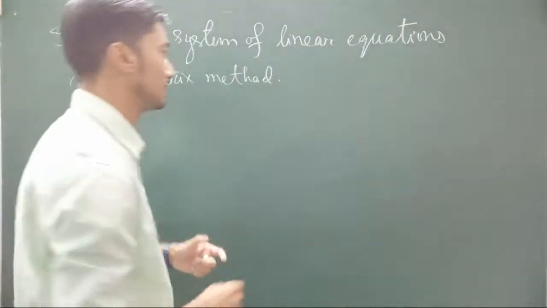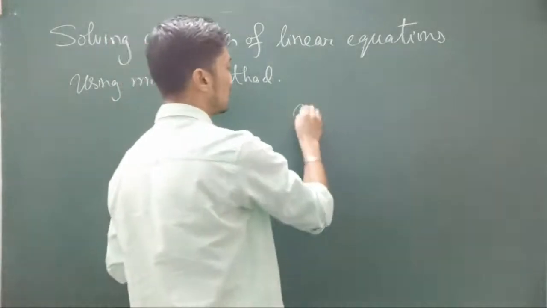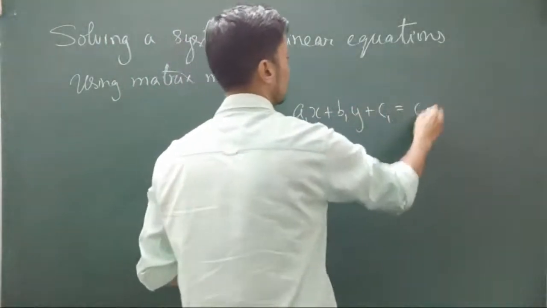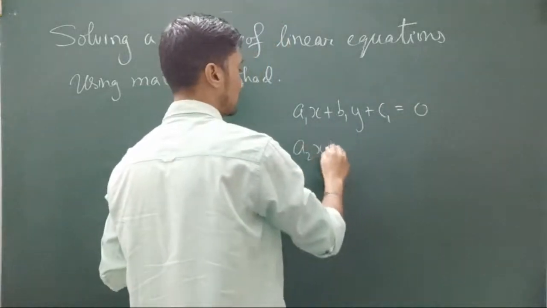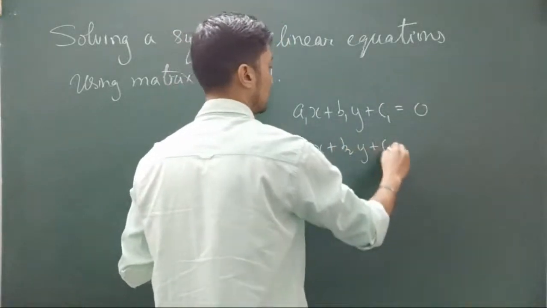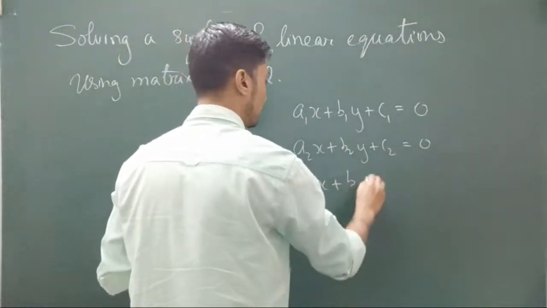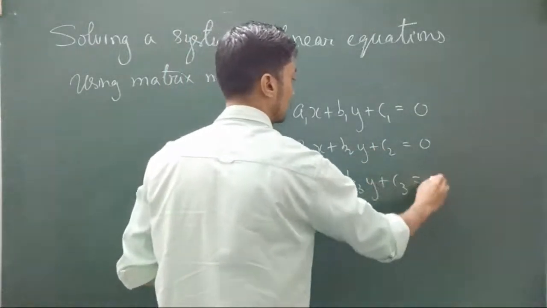Let's consider a set of linear equations: a1x plus b1y plus c1z equal to d1, a2x plus b2y plus c2z equal to d2, a3x plus b3y plus c3z equal to d3.